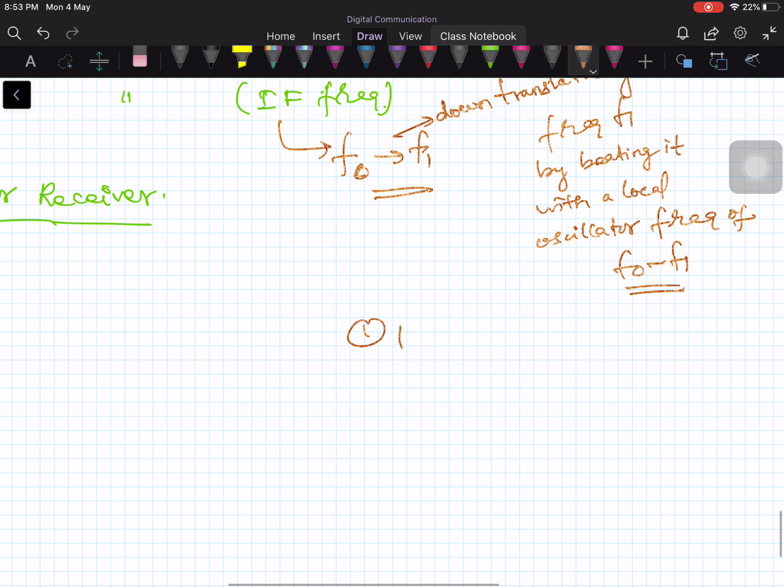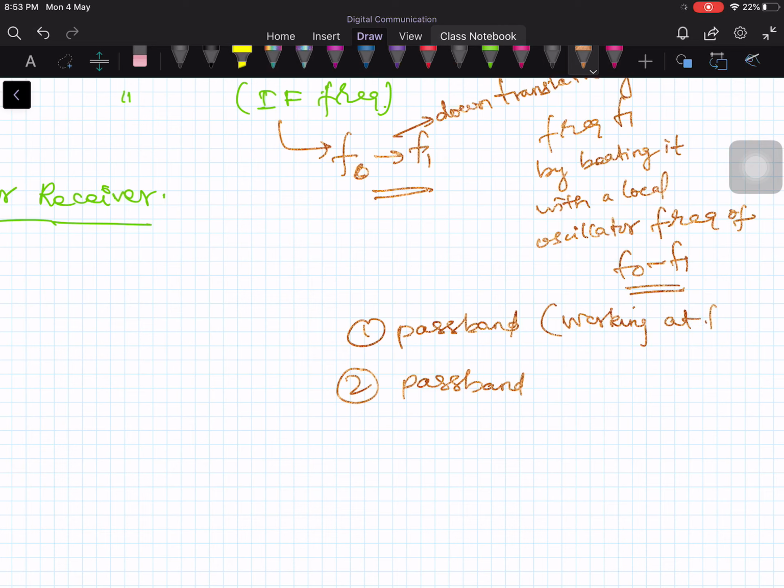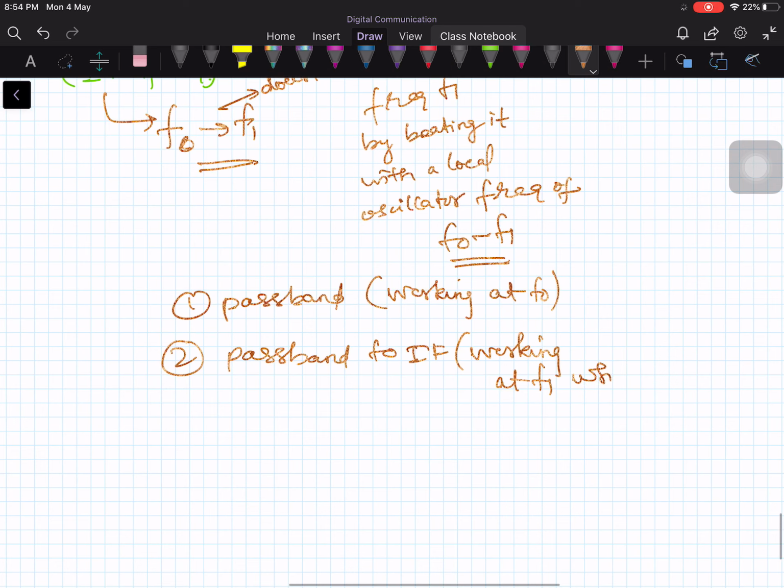Either you can work at passband itself, passband to passband, working at f0, or passband to IF, working at f1, where f1 is less than f0.